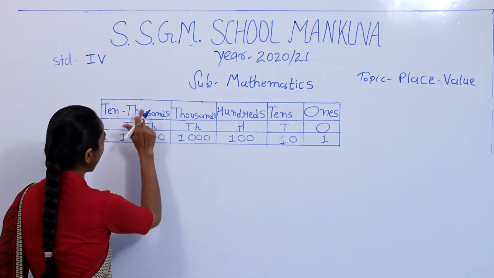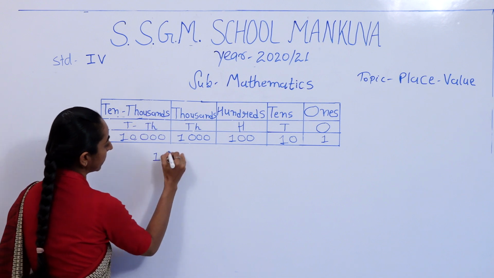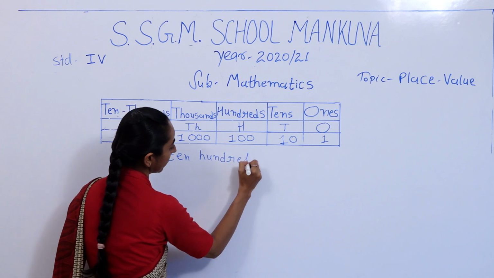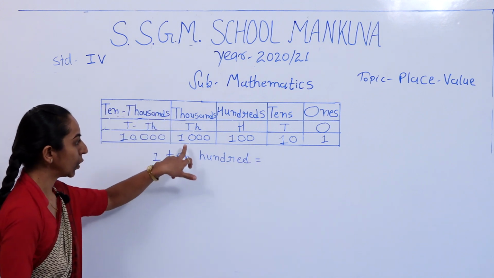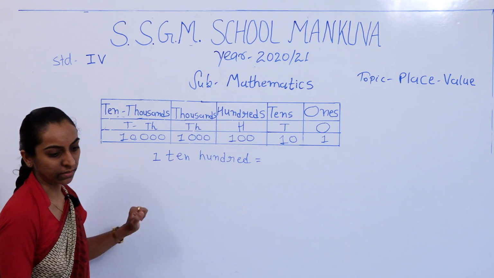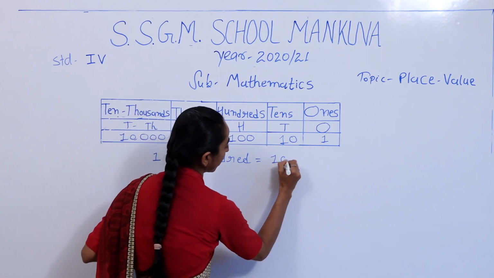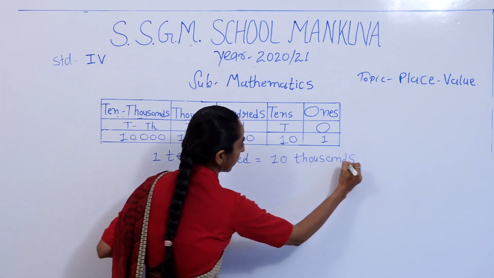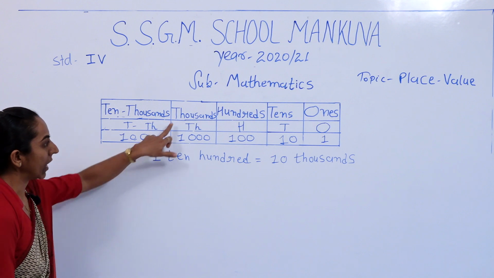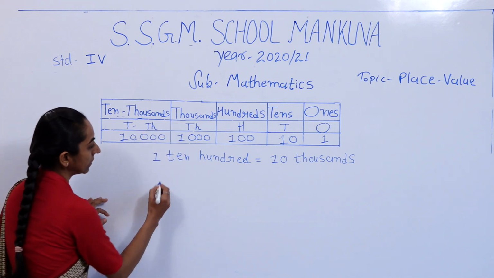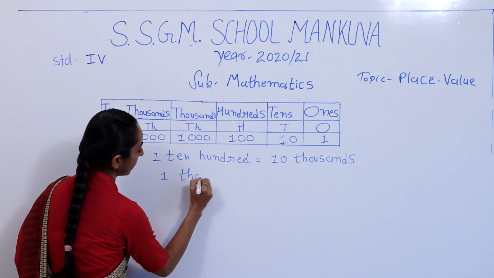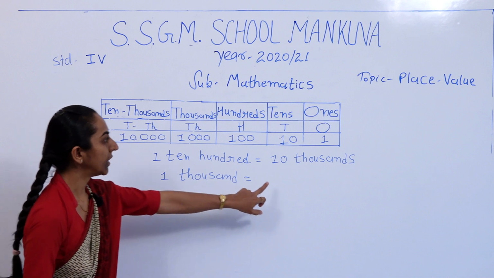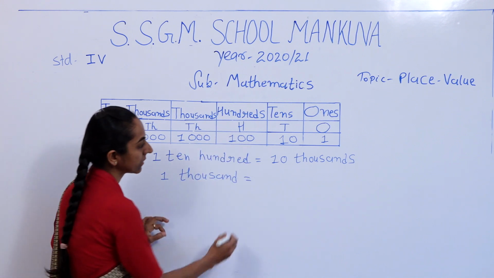First one, 10 thousands is equal to 100. Okay. Second one, 1,000 is equal to 10 hundreds.